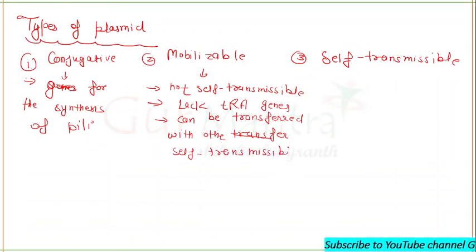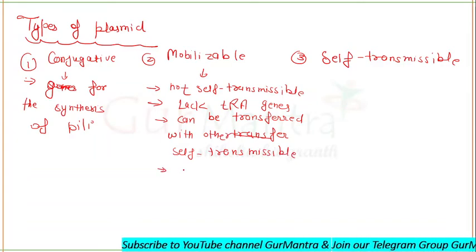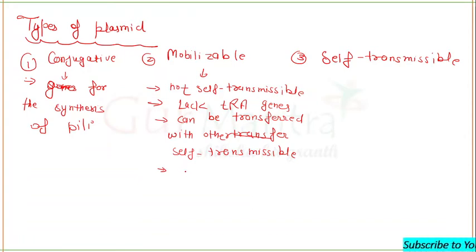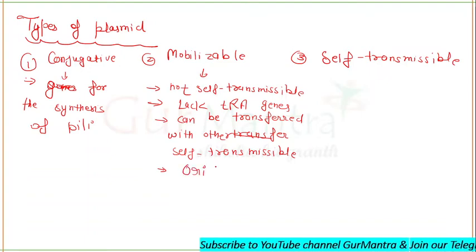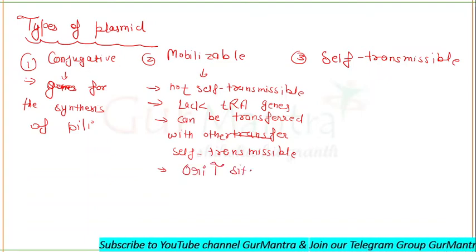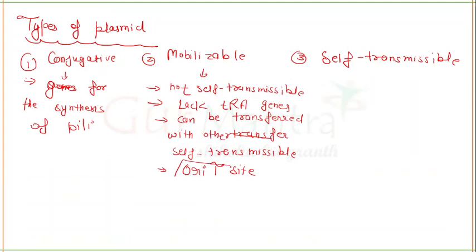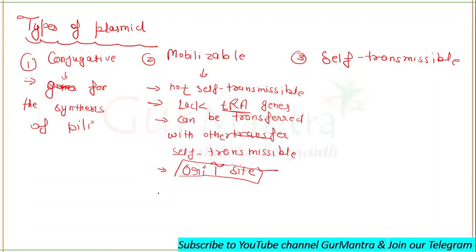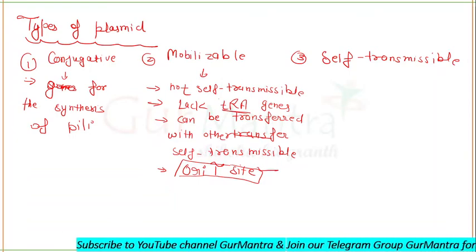And for this they need a gene. Actually, they do not have a gene mainly, but they have a site. They have the oriT site. Remember this site. The DNA which does not have TRA genes but has the oriT site is known as mobilizable.